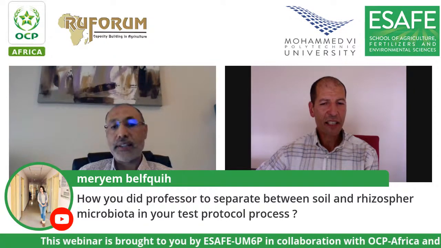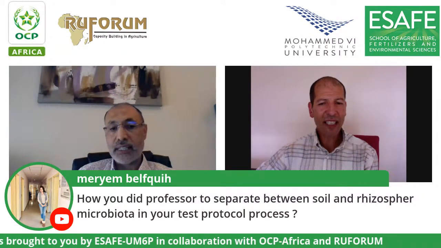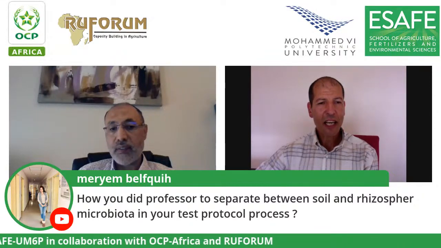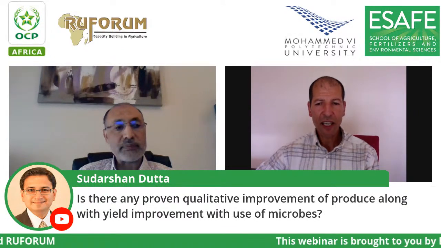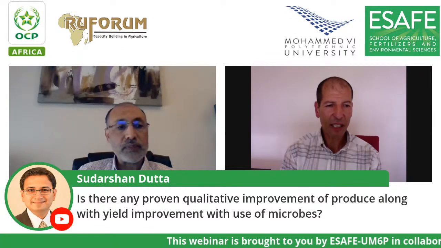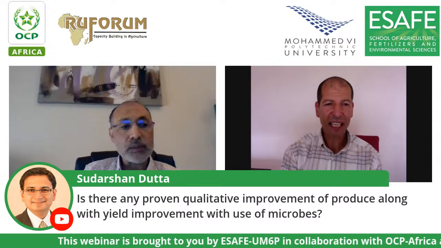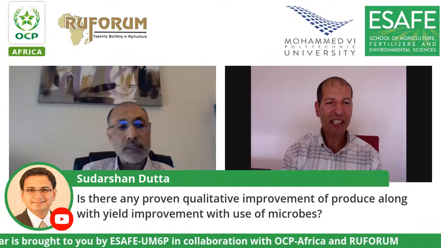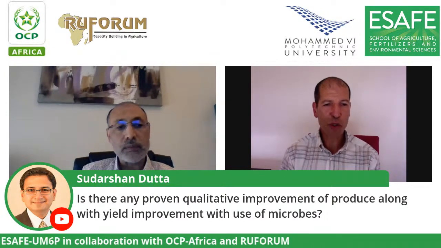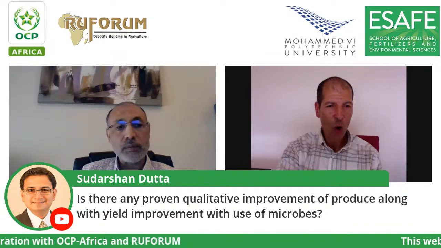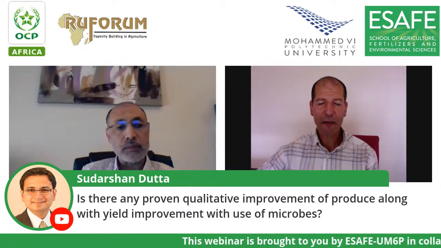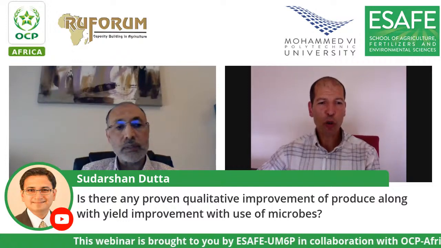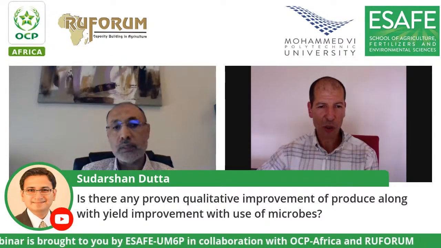Well, this is typically a really routine thing. As I said, we took roots, then we separated the rhizosphere. Typically, we shake the root system to remove the excess soil. Then, in a bag, we try to mix in the soil to remove the rhizosphere.